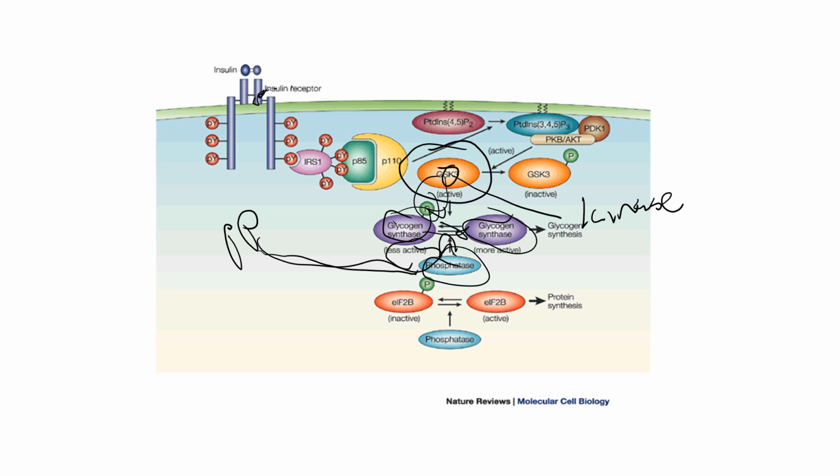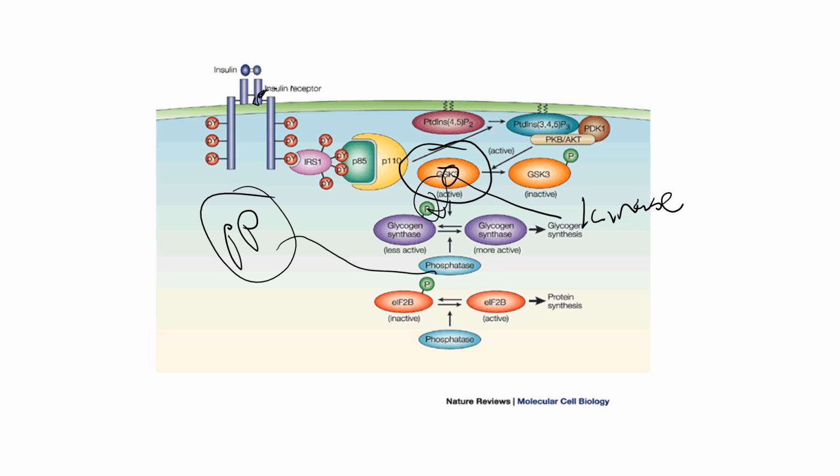Insulin is going to be binding to the insulin receptor, and protein phosphatase is going to become active one way or another. And let me erase this because it's just getting a little messy. Protein phosphatase is becoming active thanks to insulin binding to the insulin receptor, and it's trying to dephosphorylate and activate glycogen synthase. But GSK3, glycogen synthase kinase, is still active, and it's actively phosphorylating glycogen synthase and deactivating it.